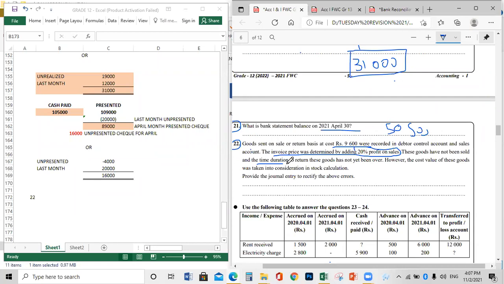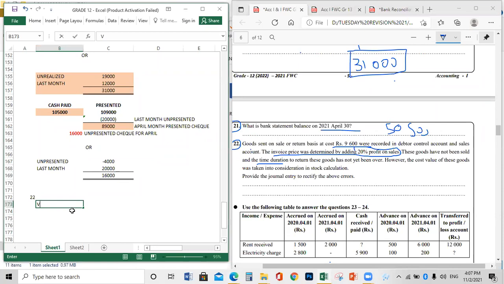The problem here is the business has made a mistake. Okay, the cost of the goods is how much? The cost of the goods is 9,600. To this cost of goods, they have added 20% profit, and they have recorded it in the sales account and debtor account.